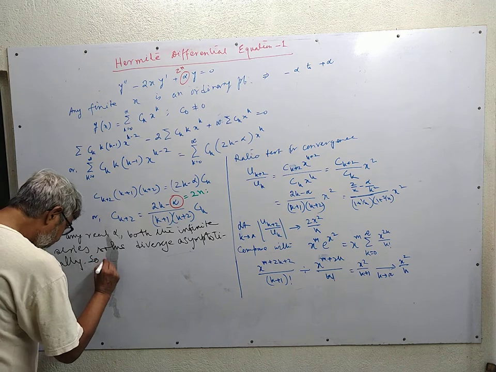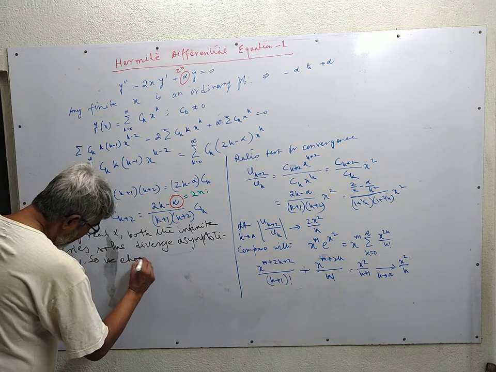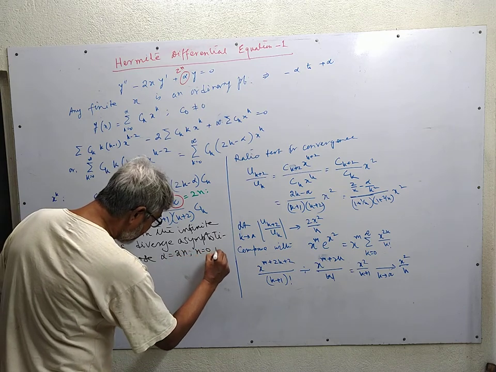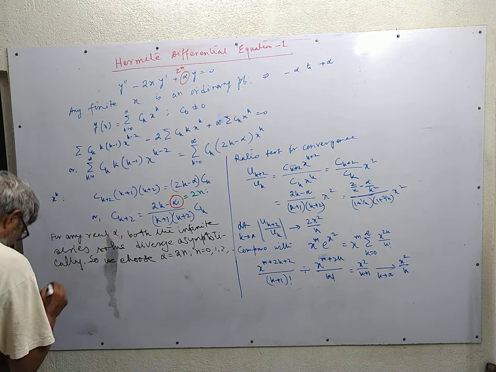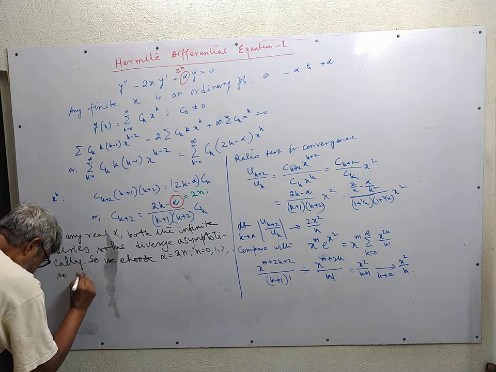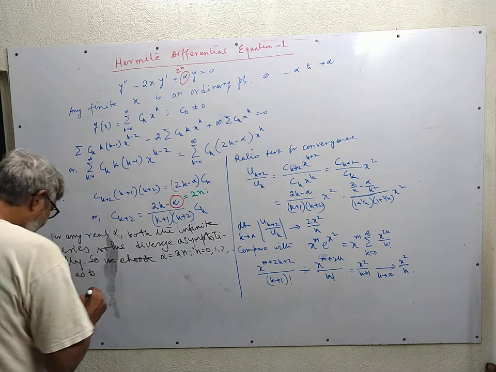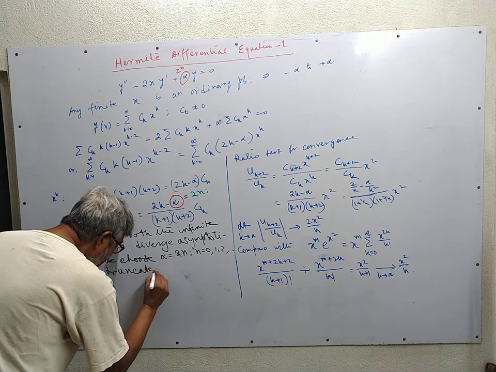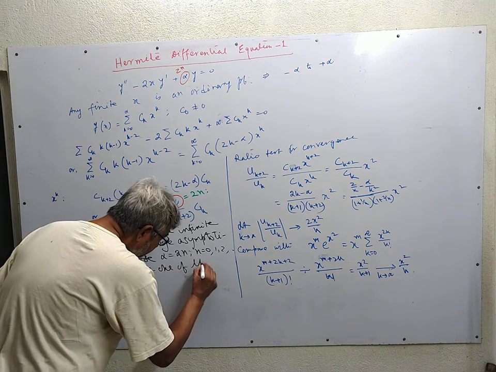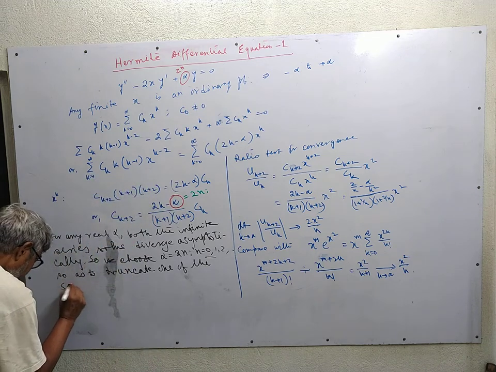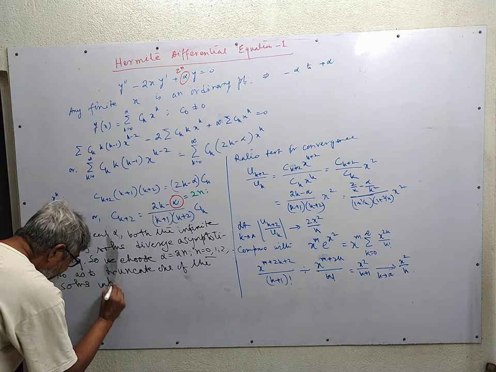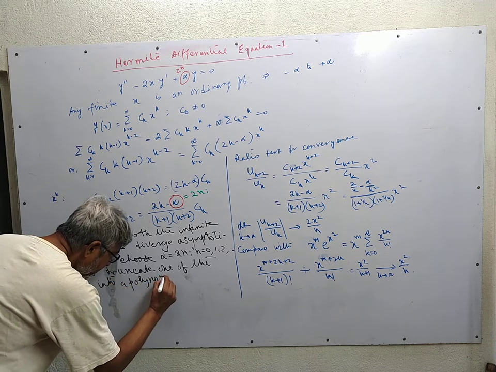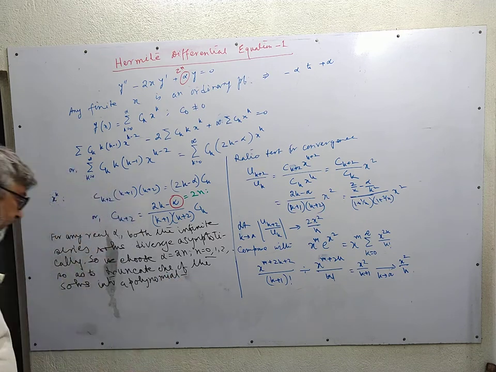So we choose alpha equal to 2n, where n is equal to 0, 1, 2, etc., so as to truncate one of the solutions into a polynomial. This is known as Hermite polynomial.